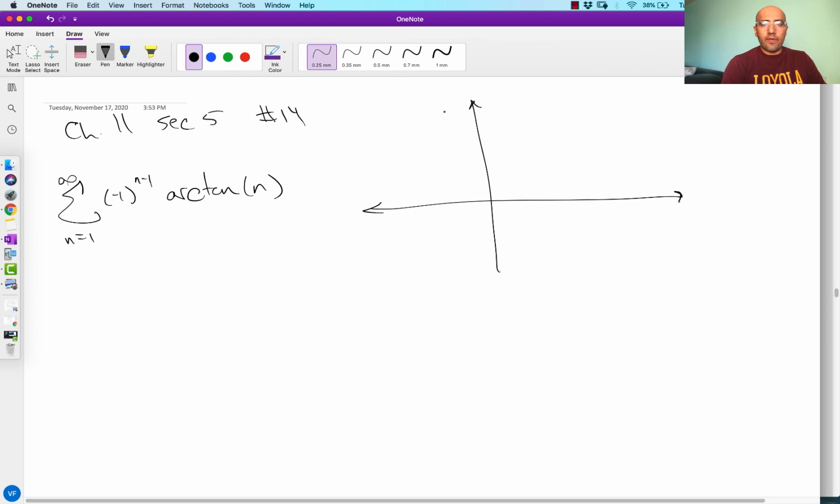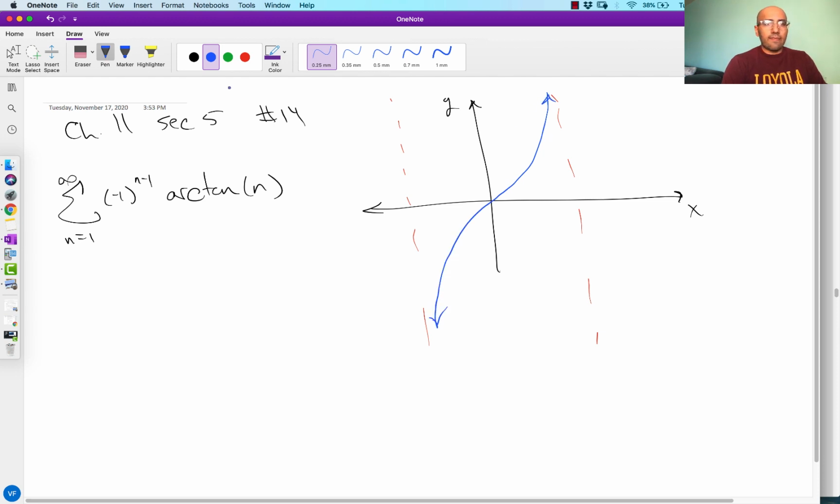So remember that if we have x, y, and we want to graph tangent, then tangent looks like this. It'll come this way and come back this way, go through 0 and go that way. And this is positive pi over 2, and this one is negative pi over 2 over here.